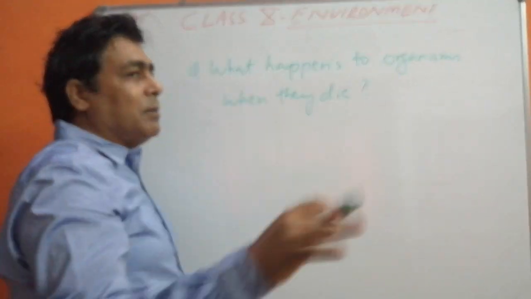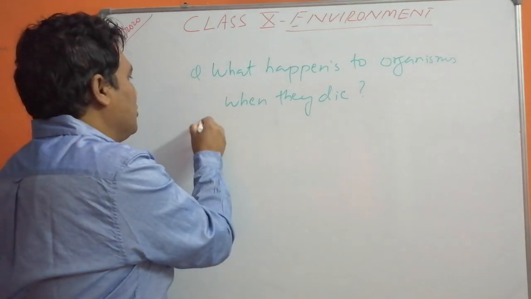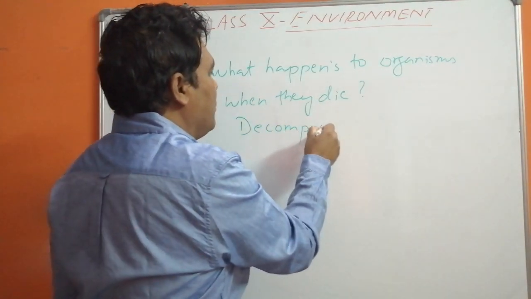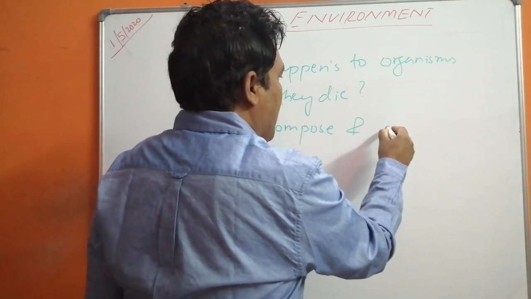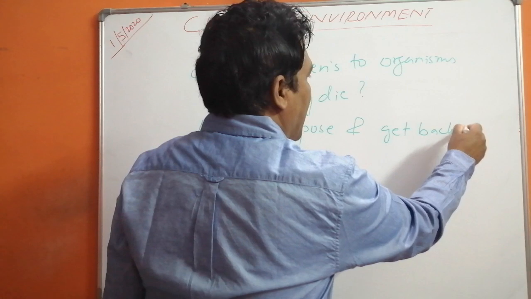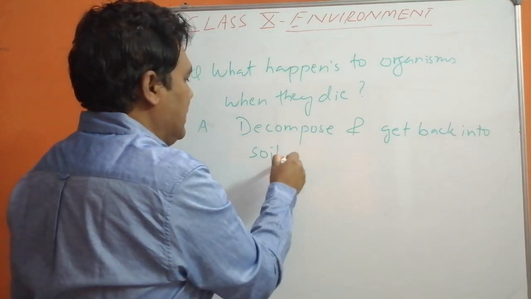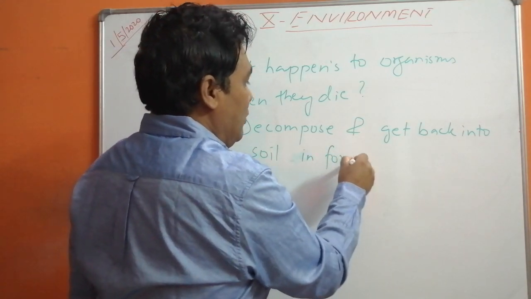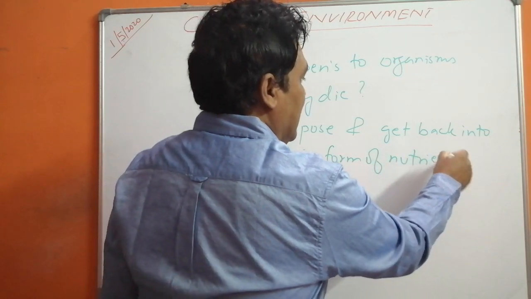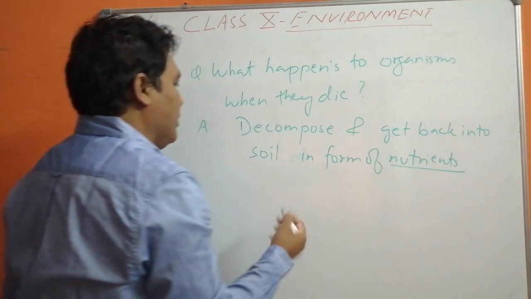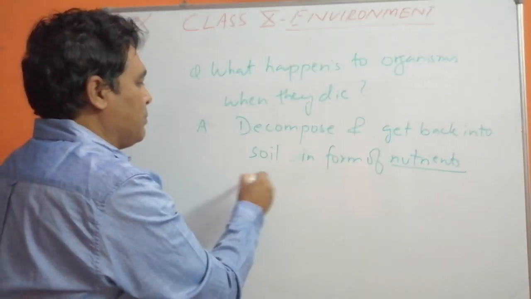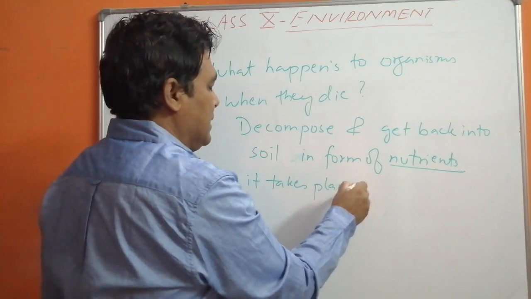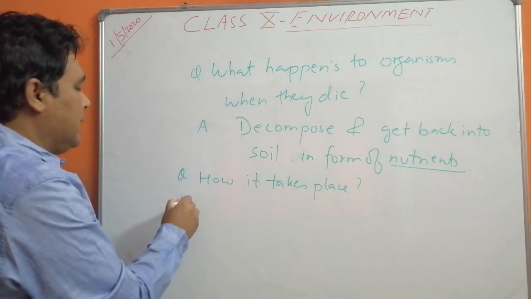If they are kept as they are and nobody is there to cremate them, then they will decompose and get back into the soil in the form of nutrients and minerals. Now, how does this take place?